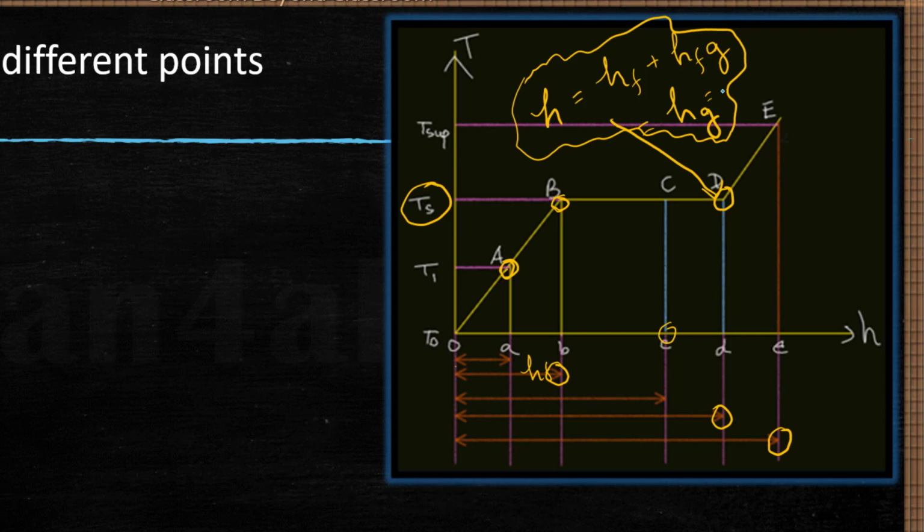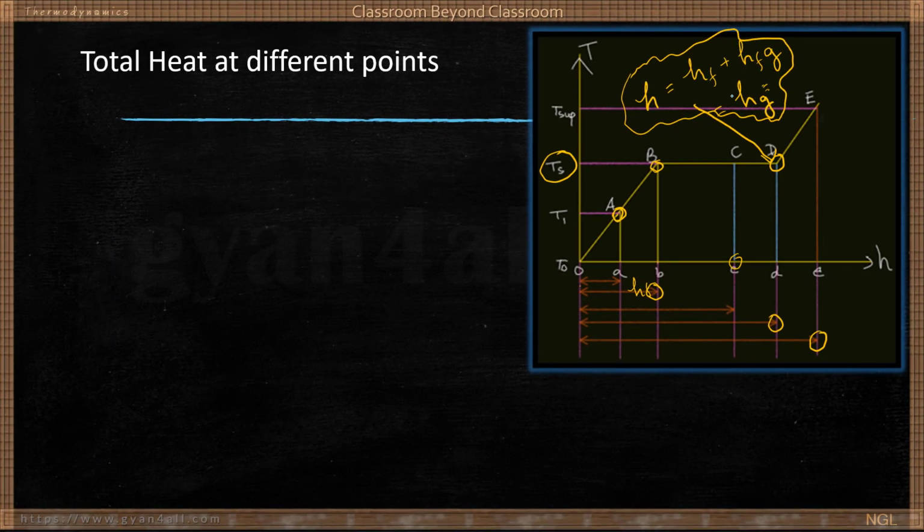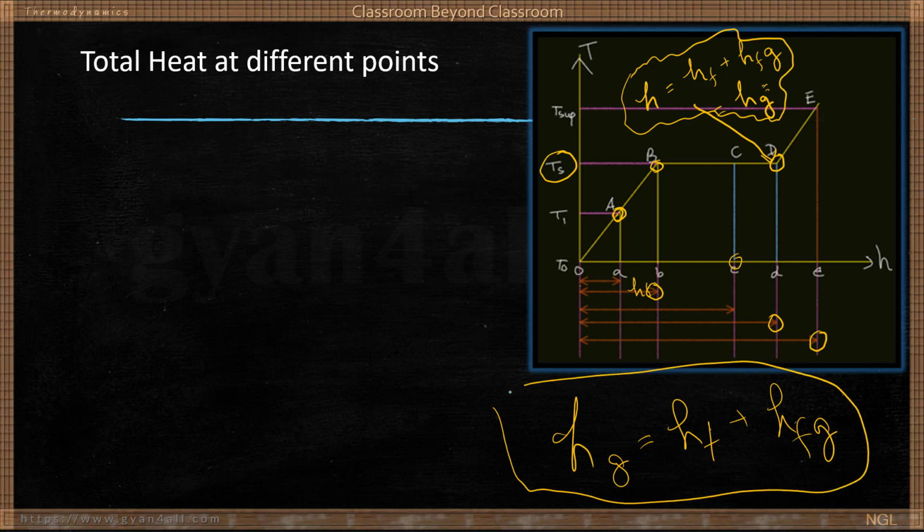G stands for gas. That means 100% gas. At point D, steam is gas. But before D, that is not gas, it is a mixture of gas and liquid. That is why it is called Hg. So one thing we got: Hg equal to HF plus HFG. Now tell me once again, what is Hg?